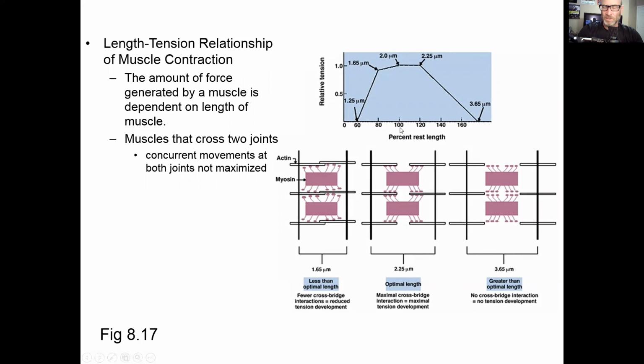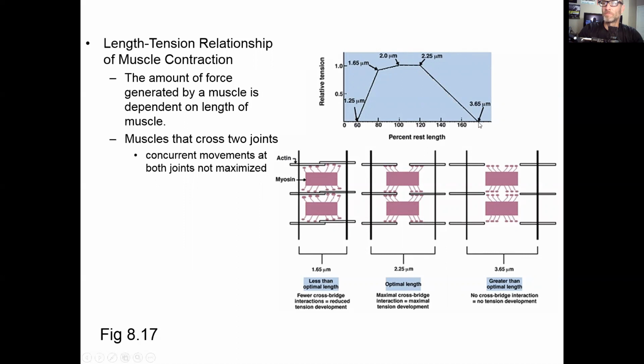It's interesting, it's actually hard to know what the resting length of a muscle is in vivo, in the body. In vitro, in a test tube, or testing the muscle out of the body, we can determine the resting length a little better. But in vivo, it's a little hard. Some estimates of that, but in essence, here's what we have. The longer the muscle, the less amount of force that can be generated.